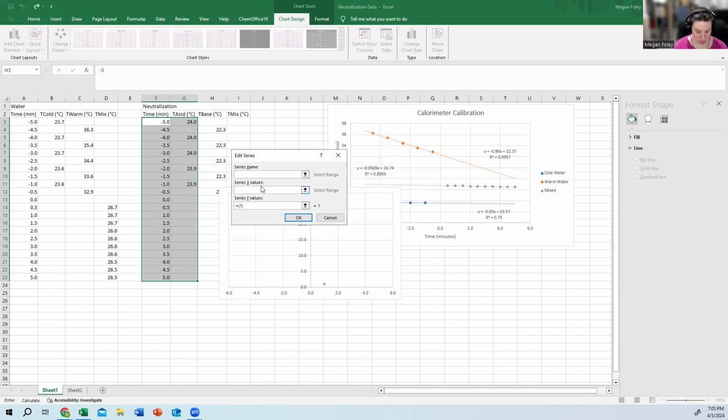We call this mixed or neutralization. I'm just going to go with mixed. And there's our, oops, too far.